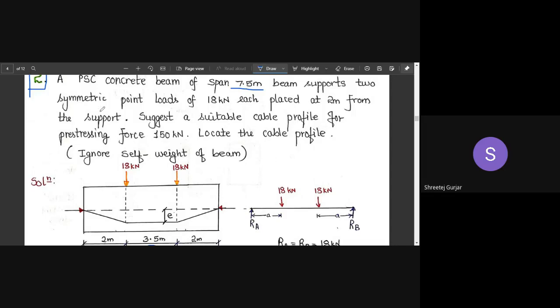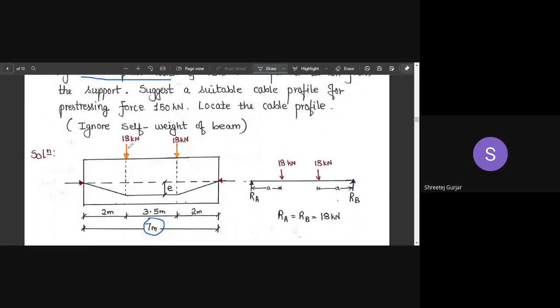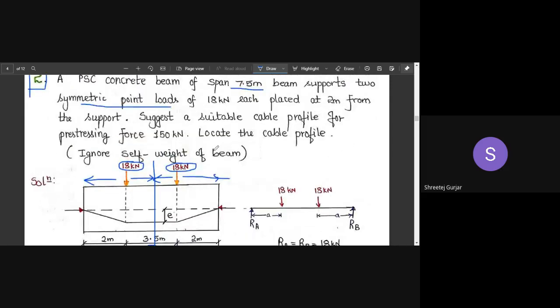The beam supports two symmetric point loads, meaning the loads are similar and symmetrically placed. You can observe that if we divide the beam in half, it is symmetric at the left side, and similarly it is the same thing at the right side.